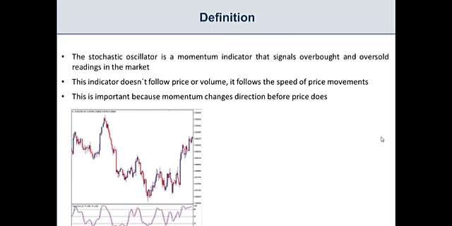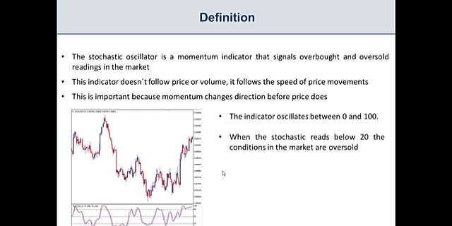Now, this is what the oscillator looks like on your chart. As you can see, the indicator oscillates between 0 and 100 and has two lines in it, a faster and a slower line. When the stochastic reads below 20, the conditions in the market are oversold.